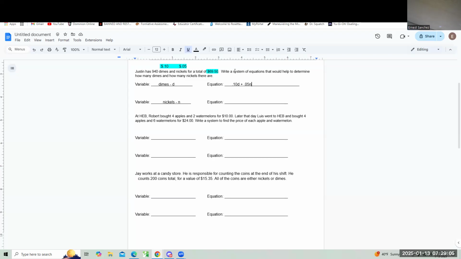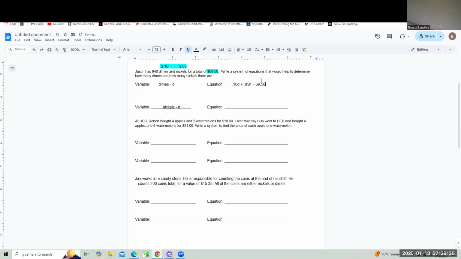They will put like 0.10 N plus 0.05 D. And if you're not paying close enough attention, that'll throw you off because there's so many equations, right? In a multiple choice, you would have like 8 equations. So just make sure you take your time and look at each set and make sure the letters with the correct number next to the correct number equals $69.50. That's my first equation.